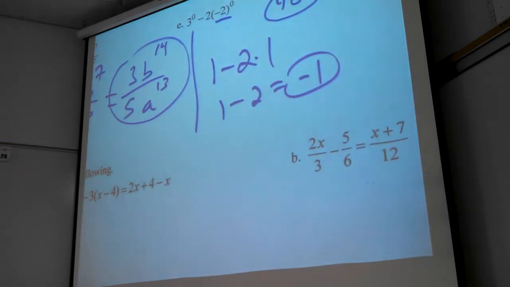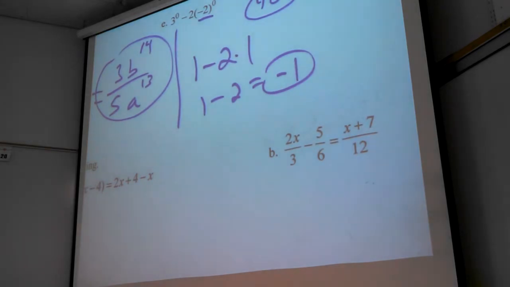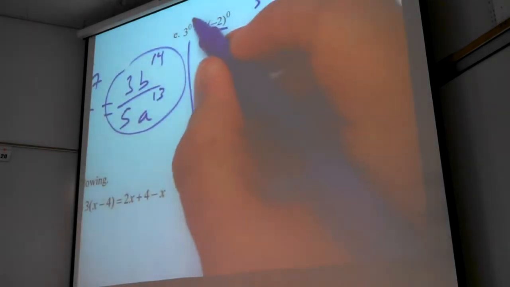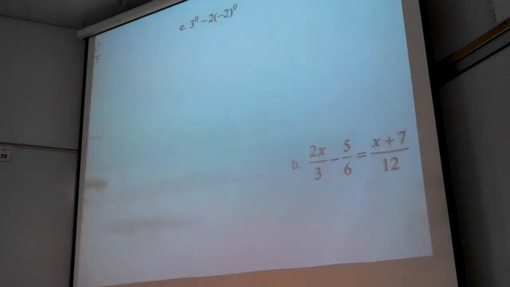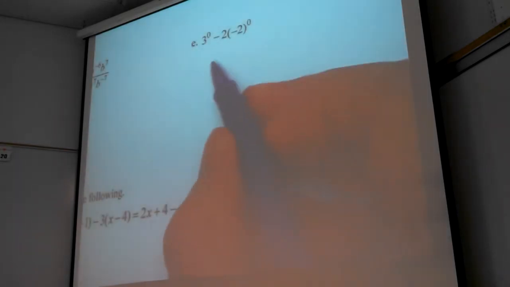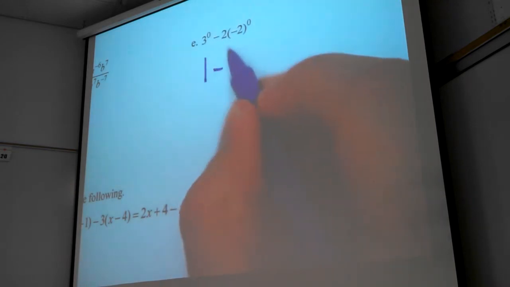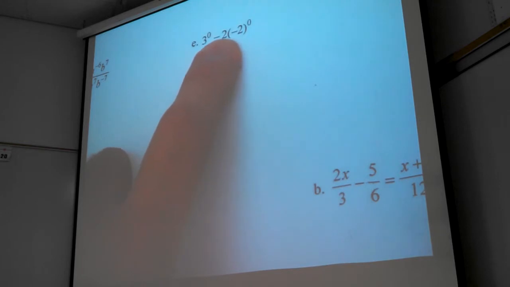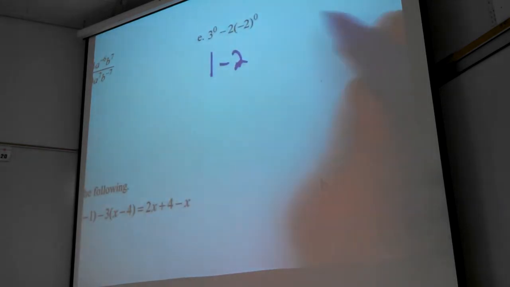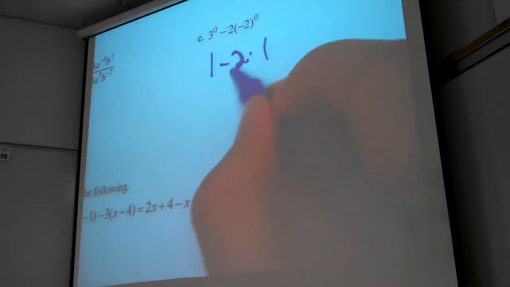Negative 1. There it is. Wait, what? Hang on a second. So what's 3 to the 0? 3 to the 0 is 1. Minus 2, because nothing's happening to this 2, right? But what's negative 2 to the 0? 1.